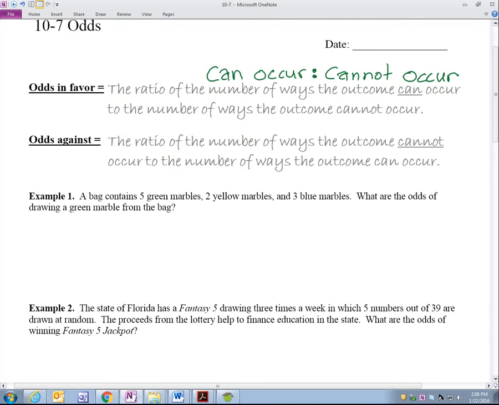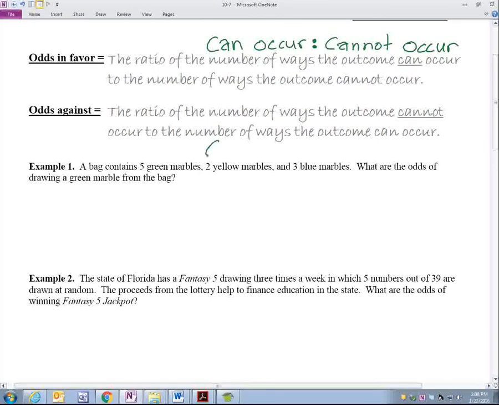Can occur, cannot occur. Now odds against. Odds against would be cannot to can.